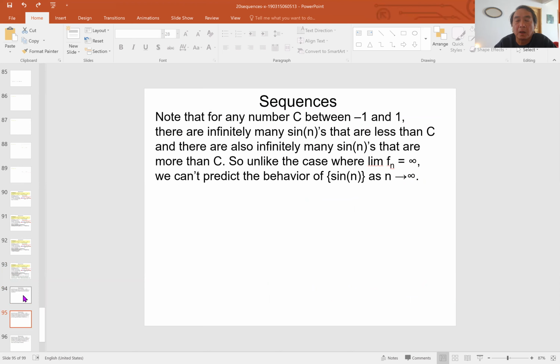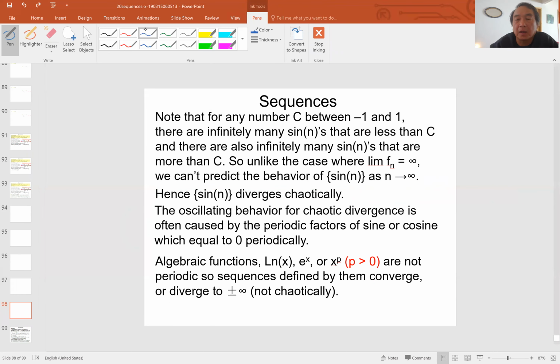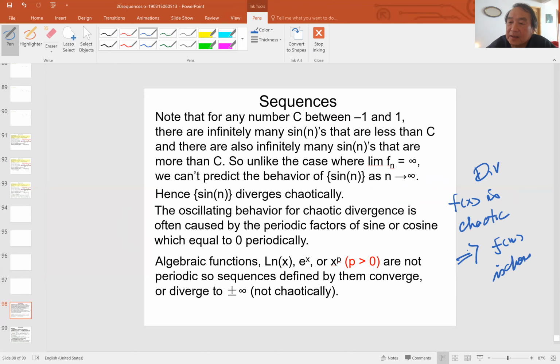Okay. And for chaotic divergence, in particular, if f of x is chaotic, it goes up and down, then it does not imply the sequence f of n is chaotic. Remember, this is diverging, right? It does not imply f as a sequence will diverge.